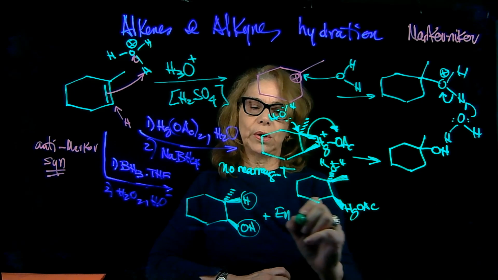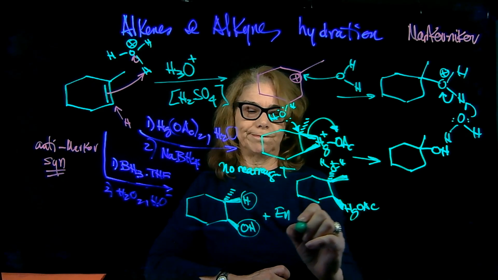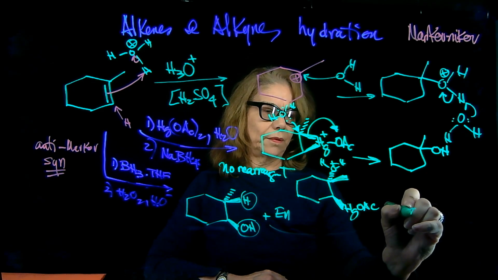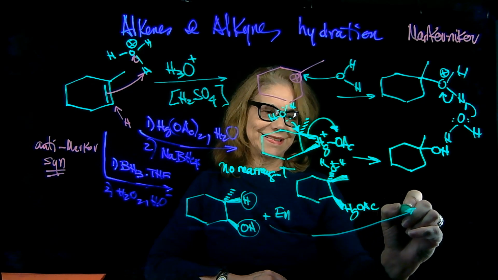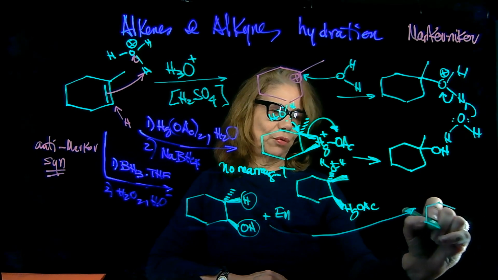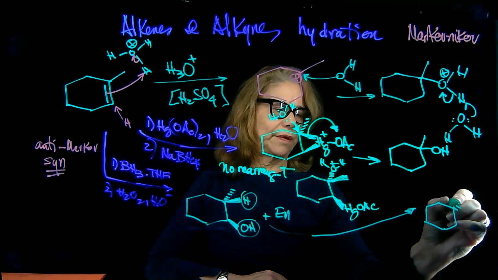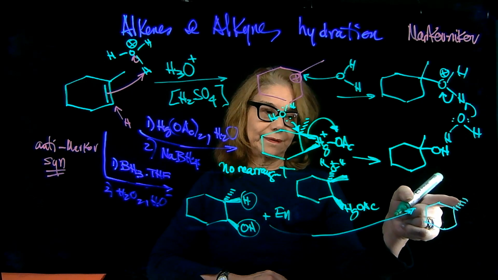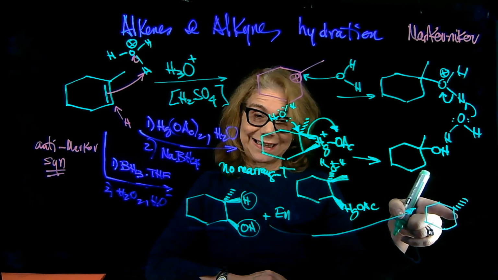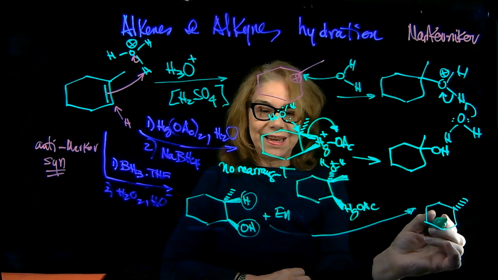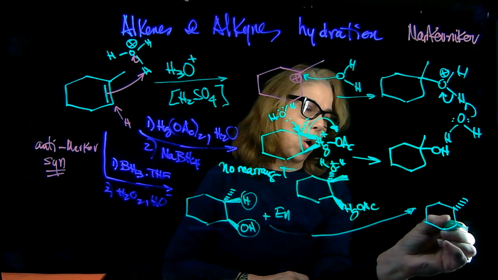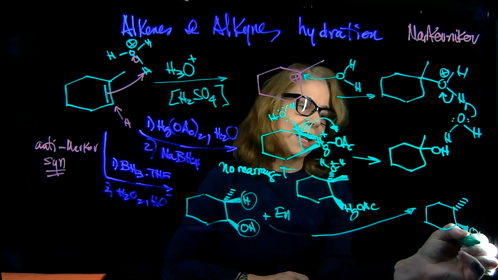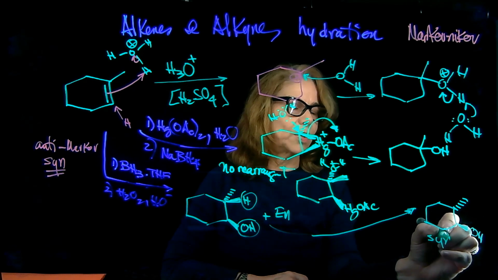Now, typically you will not see this drawn this way. So you will not draw the H, simply this. That implies, if this is a methyl, that the H is on a wedge. And here you will have the OH on a wedge as well. So that's your syn addition product.